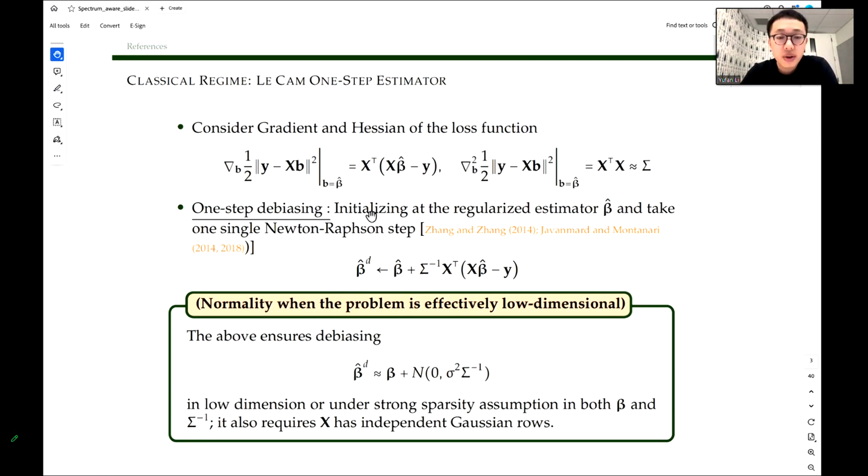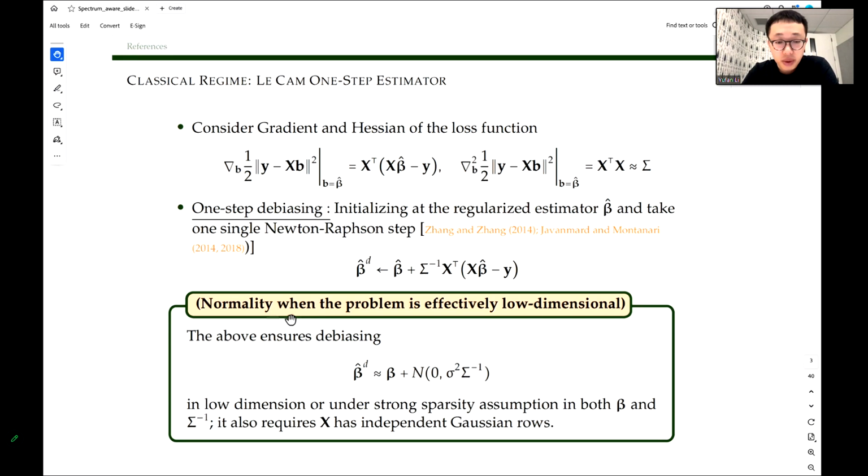The idea is very simple. This is the gradient of the quadratic loss. This is the Hessian of the quadratic loss, and you basically just run a Newton-Raphson step at your current estimator beta hat.